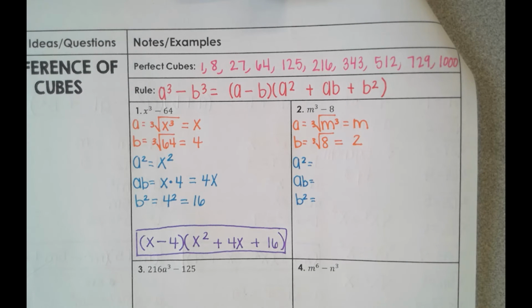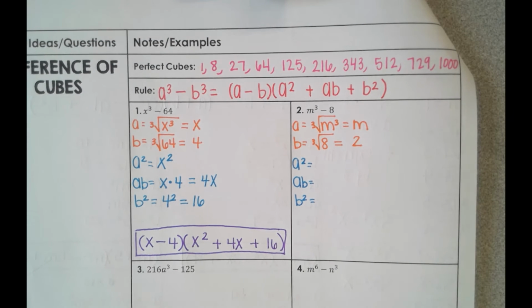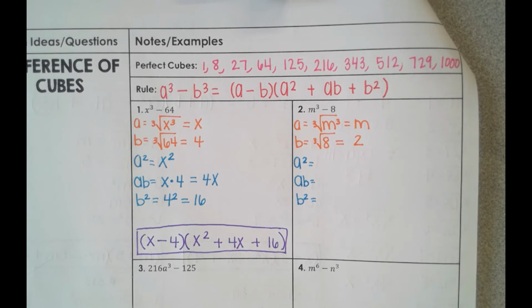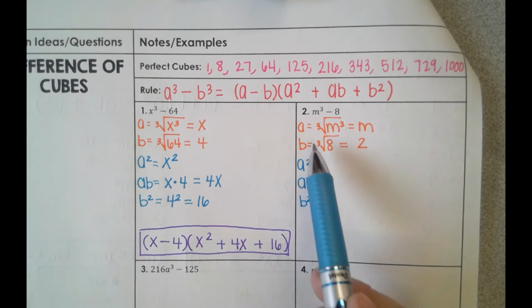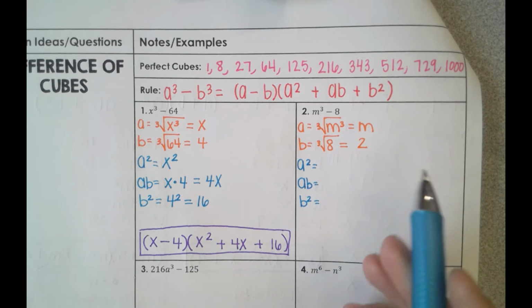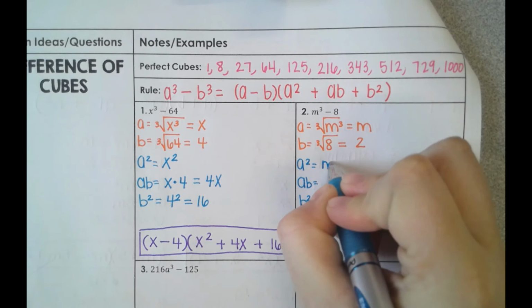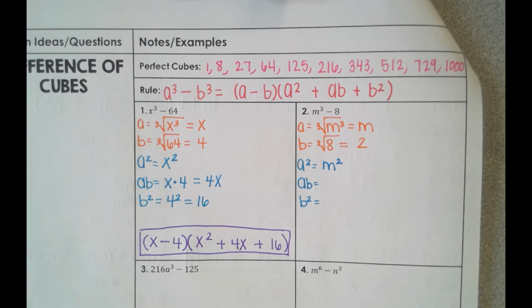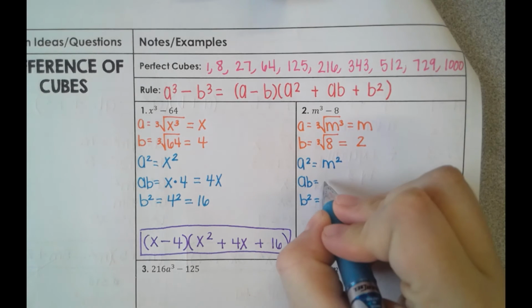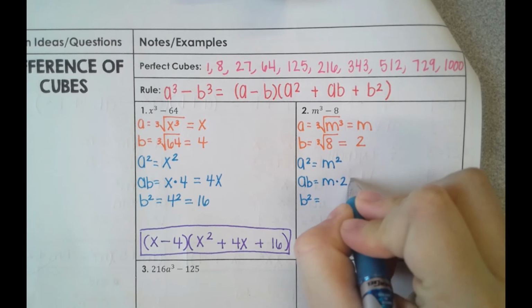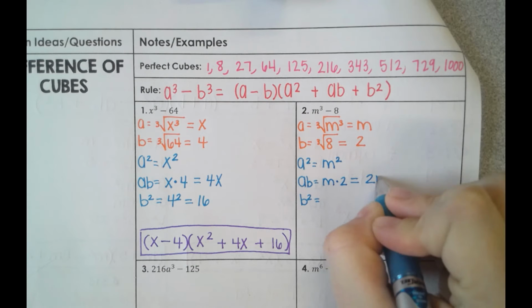Then we got to find our a squared, ab, and b squared. Well, a is m, so a squared is m squared. And then ab, that's m times 2, which is 2m.